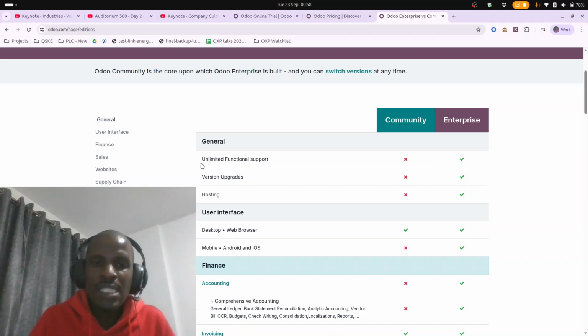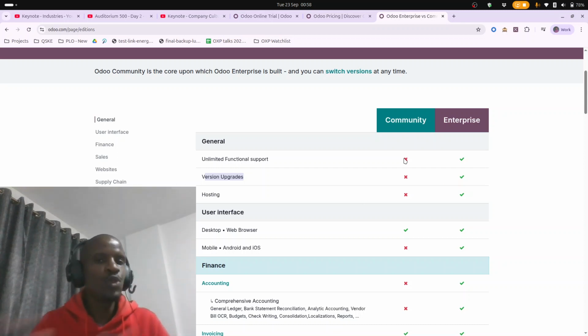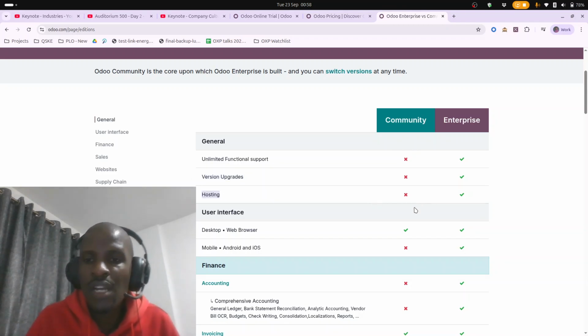So you can see that we give some extra services. Unlimited support. You get unlimited support from us. You get version upgrades year on year as we release new versions. If you're on the enterprise version, you get those updates for free. If you're on the community version, you have to do it yourself. Hosting, again, you have to host yourself if you're using the community version.